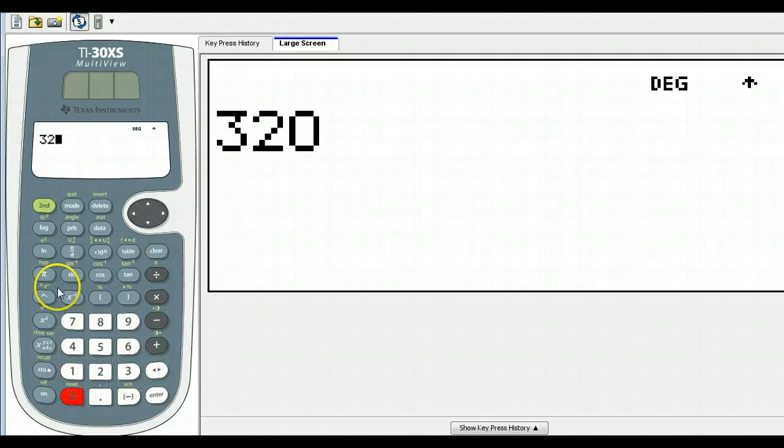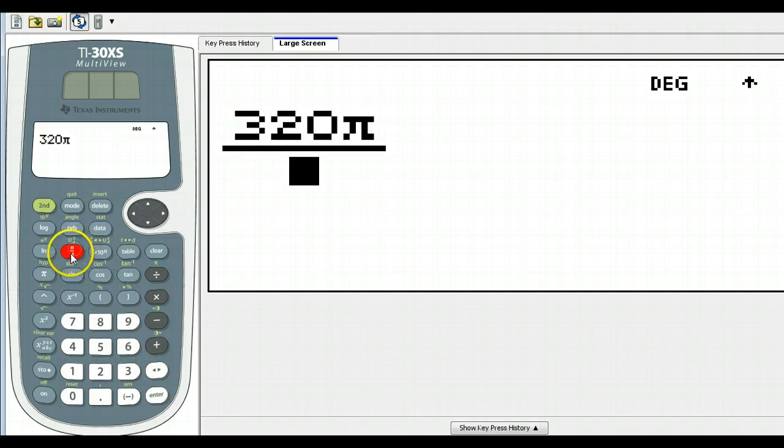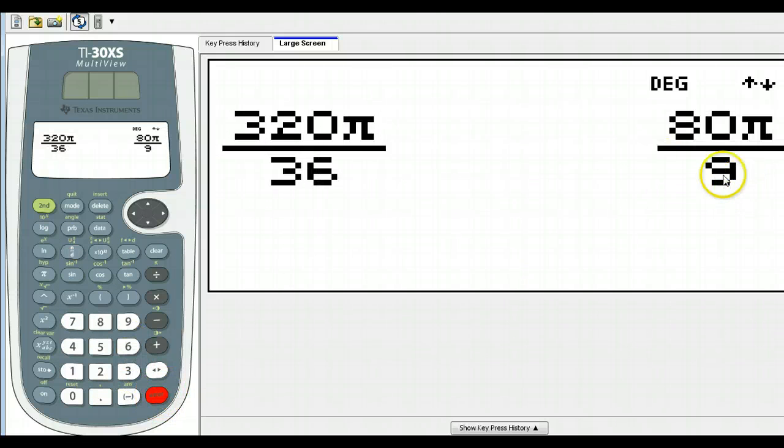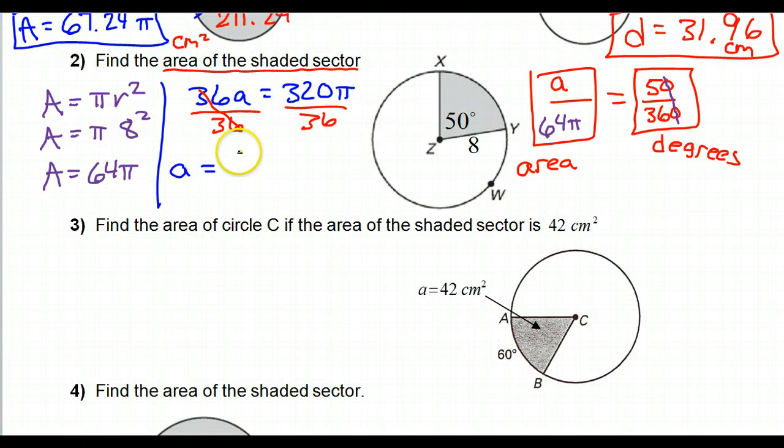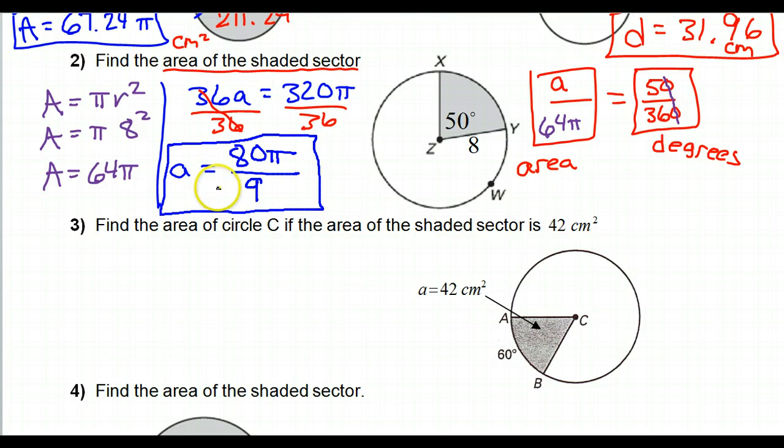So 320 pi over 36. Let me try that first. Oh, a calculator does it all for me. So 80 pi over 9. So this would be the exact answer for this shaded area.